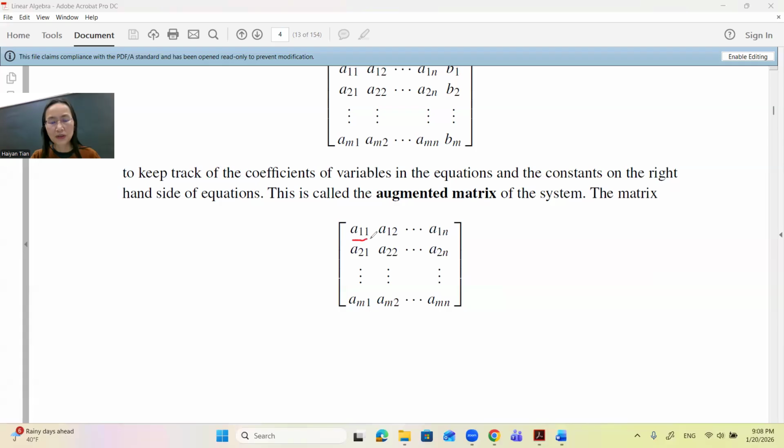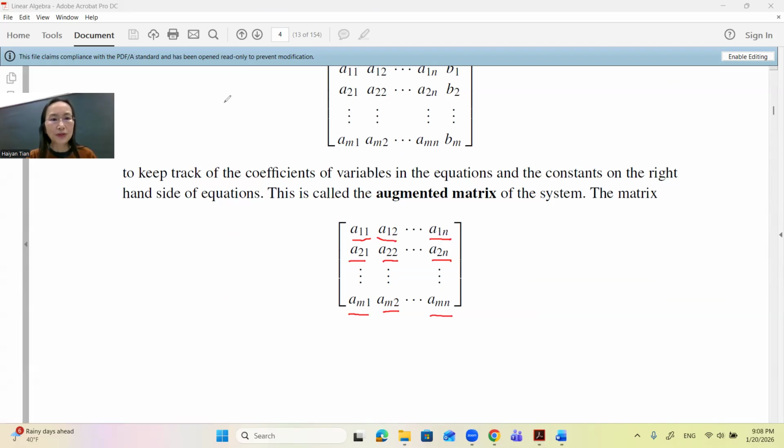This is the coefficient of x1, coefficient of x2, coefficient of xn in the first equation, right? Coefficient of x1, coefficient of x2, coefficient of xn in the second equation, and so on. Then we have the coefficients of x1, x2, and xn in the last equation, the mth equation. So here are just the coefficients of those variables in the m equations. Then we call this matrix the coefficient matrix.